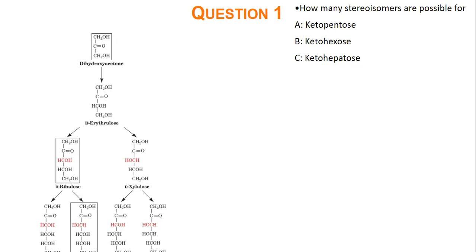Based on that, and based on the little math I just did, how many stereoisomers are possible for a ketopentose, a ketohexose, or a ketoheptose? We didn't talk about heptose, but heptose is 7. Hexose means 6 carbons, and pentose means 5 carbons. So see if you can calculate that really quick, and then we'll call it here.